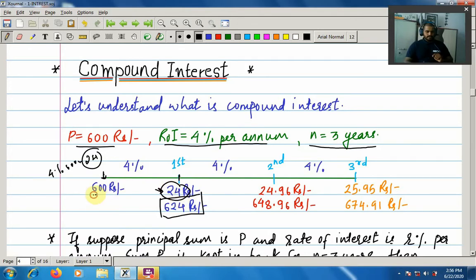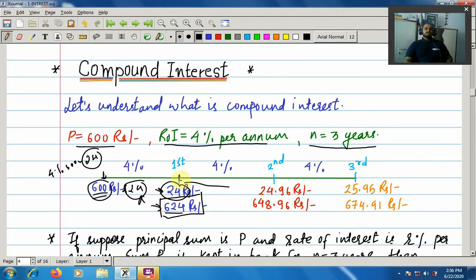So I'm getting interest on this 600 and I'm adding it to my principal amount. Now for the next year, I will get interest on this 600 plus 24 rupees also. I will get interest on 24 rupees also. So my interest is compounding. It's compounding on my previous interest.